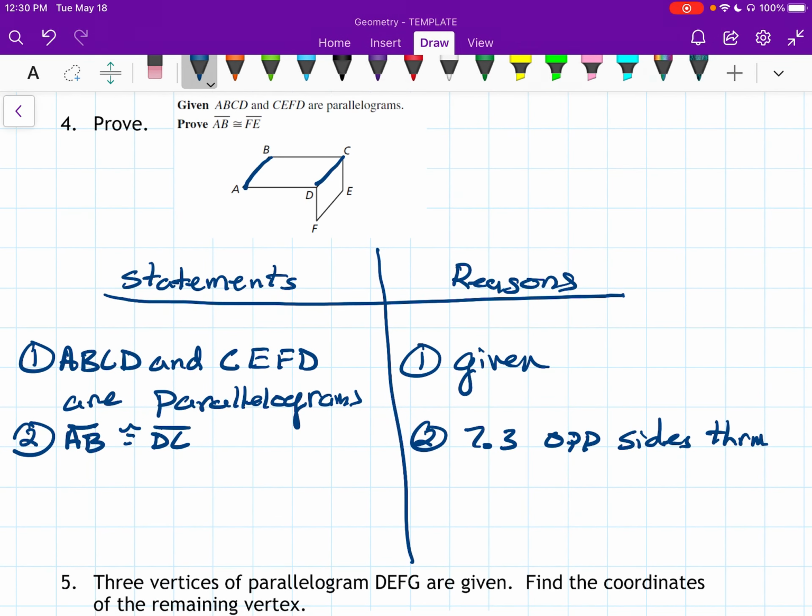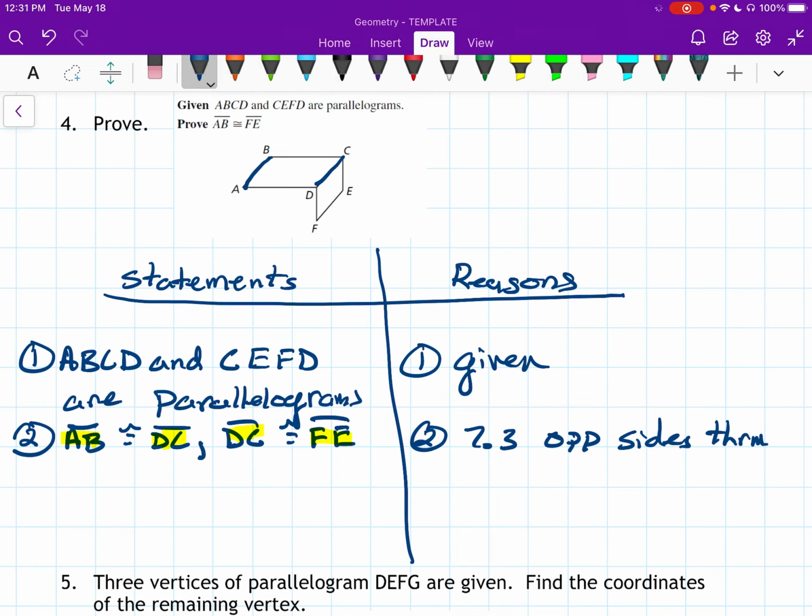Okay. Now I can also say the other statement with it. I can look at the bottom parallelogram and I can say, well, DC is congruent to FE. Right? Again, because they're parallelograms. Now for my final statement, I'm going to look at AB to DC, DC to FE.